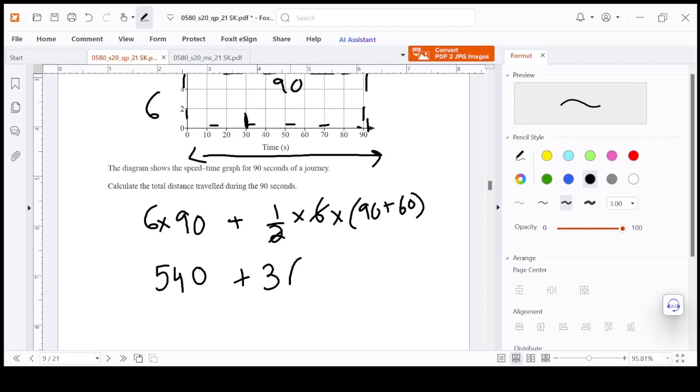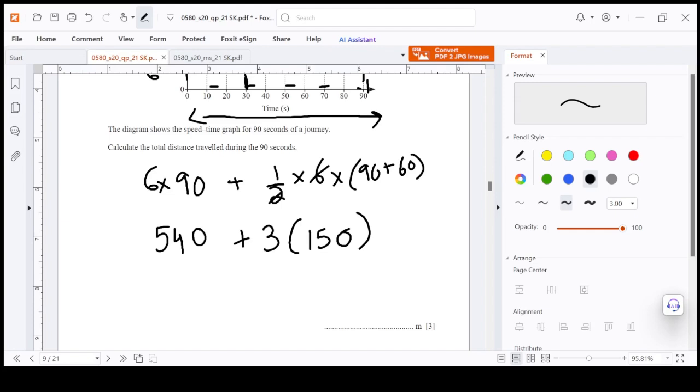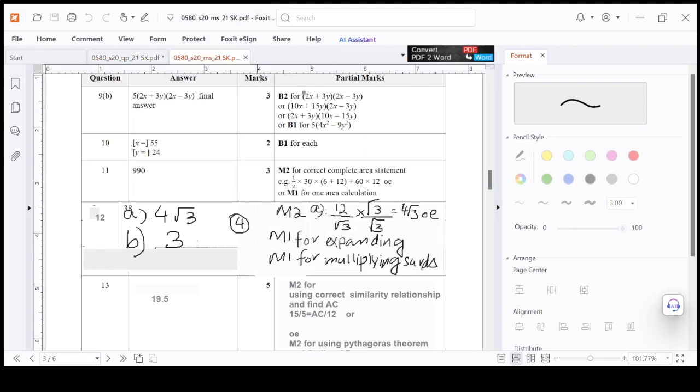We have a 3 here, and 150. So 3 times 150 is 450, plus 540 gives 990, which is correct.